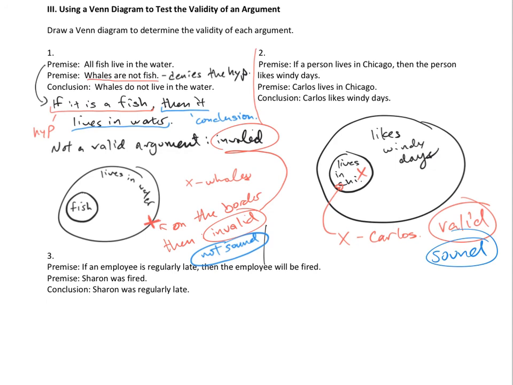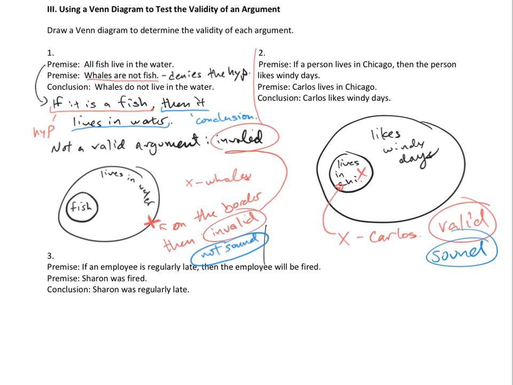So we can only have a sound argument if it is valid. So that's why we have to check whether or not the argument is valid first. So again, a valid argument means the conclusion follows from the two premises. And a sound argument means the premises are true.